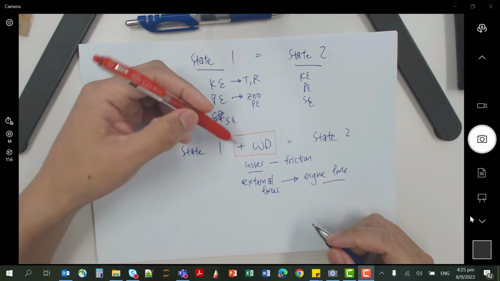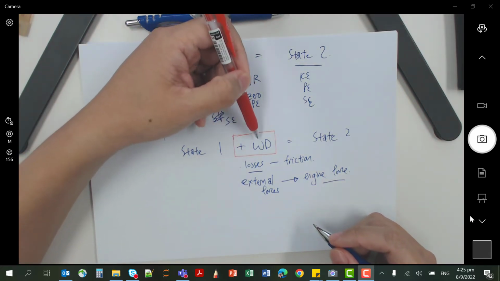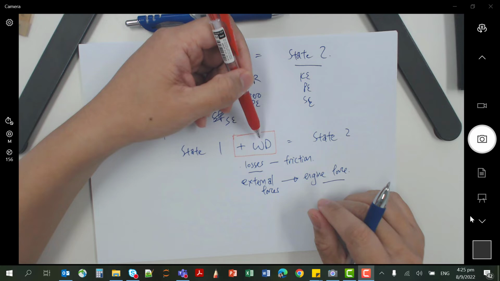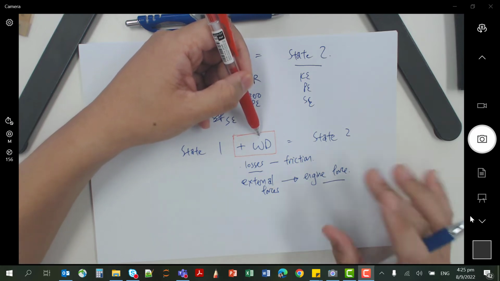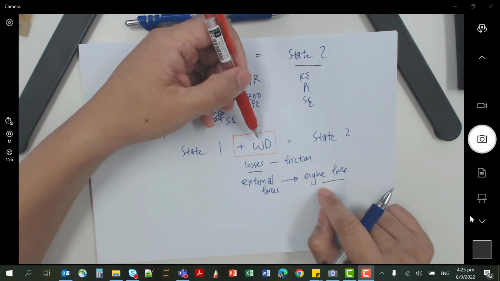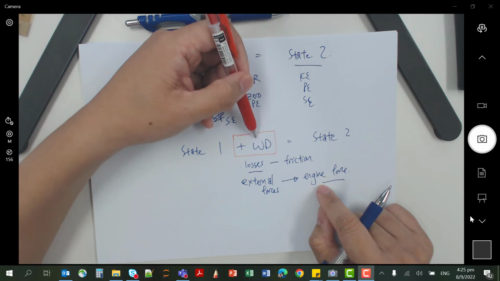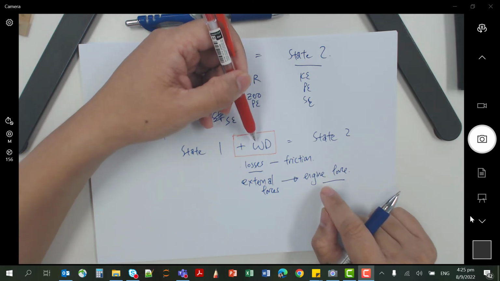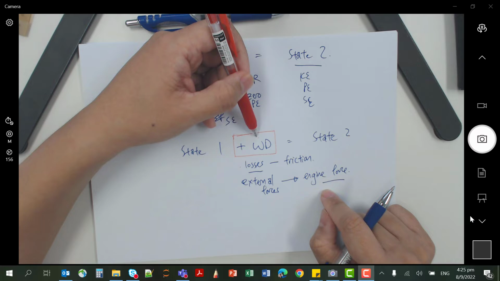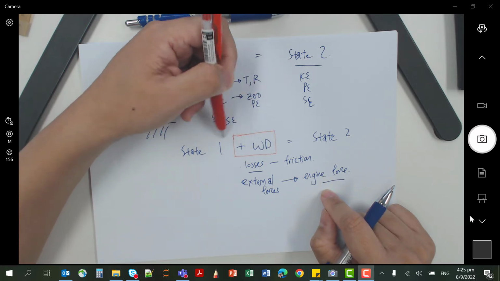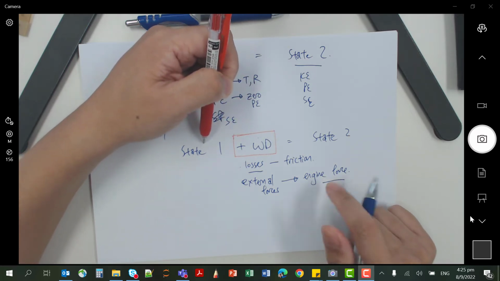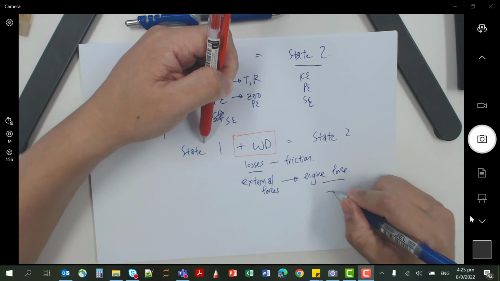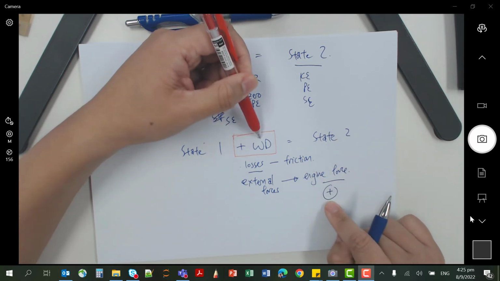And the important thing is, you must know whether it is negative or positive. So take for example, if you have an engine, the engine gives you that pushing force. It adds energy into the system, to the initial state of your object. So engine force will typically give you a positive work done.